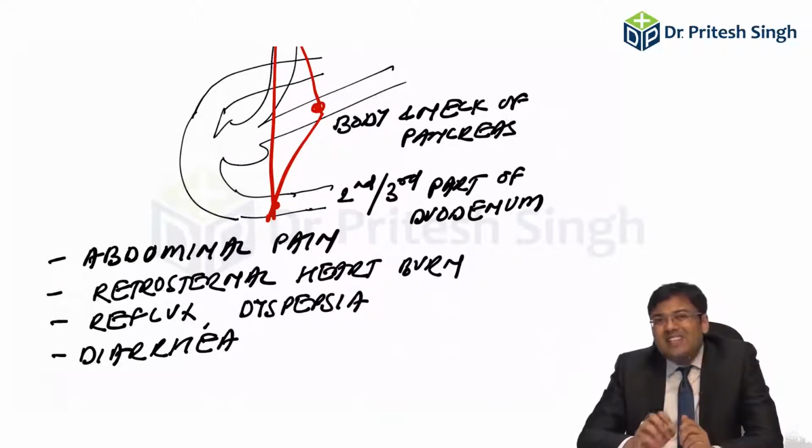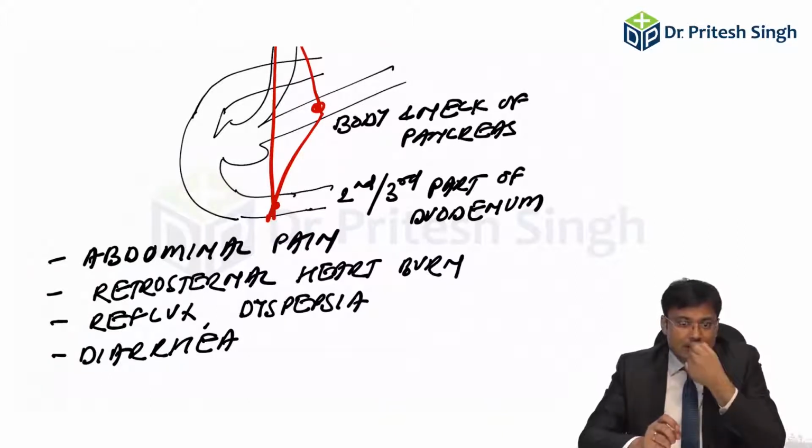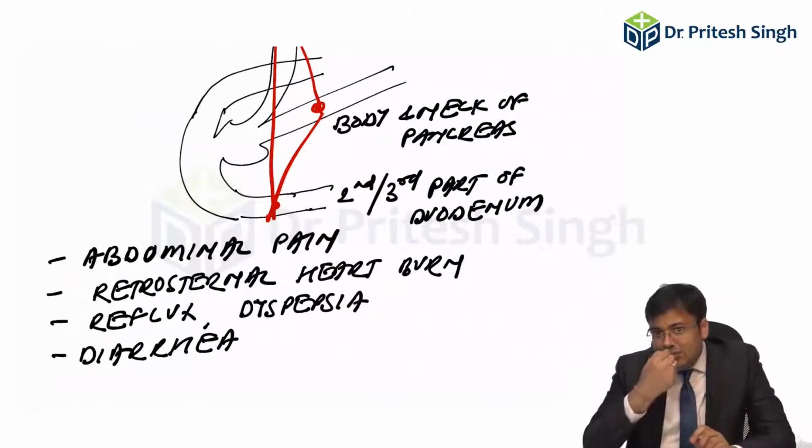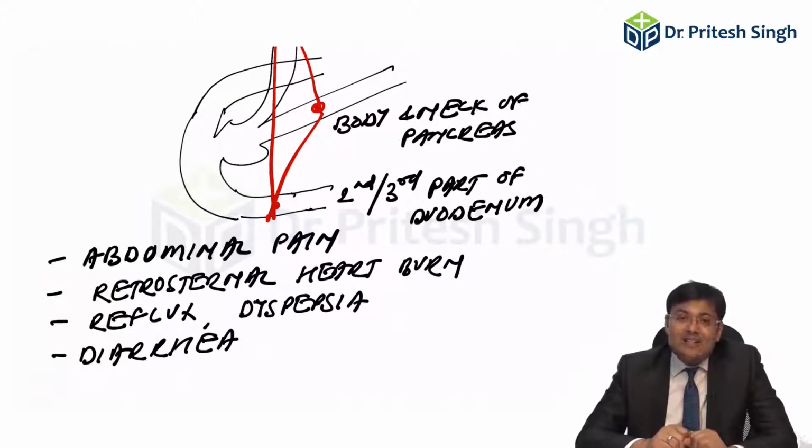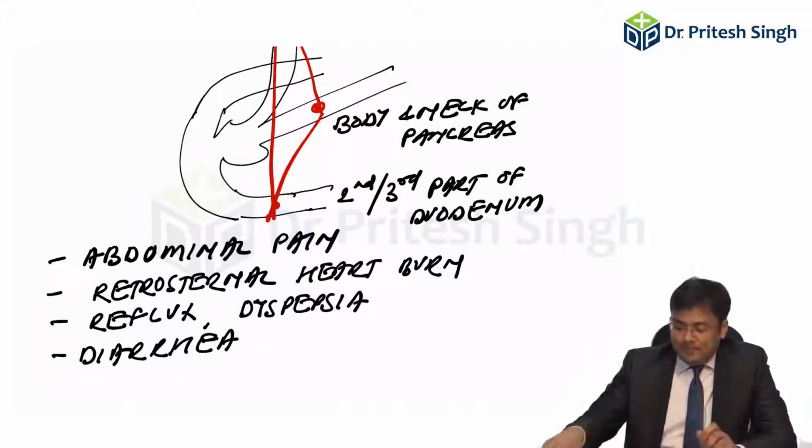Simultaneously, this acid irritates the proximal part of the jejunum also, leading to secretion. And because of this, the patient has diarrhea. Characteristically, inserting a Ryle's tube for nasogastric aspiration of this gastric acid relieves diarrhea.